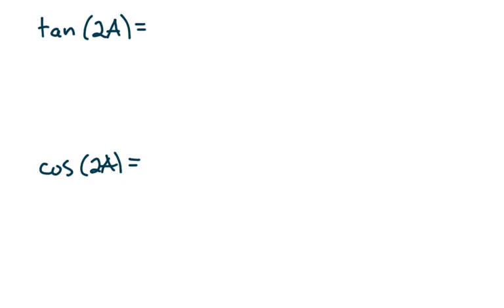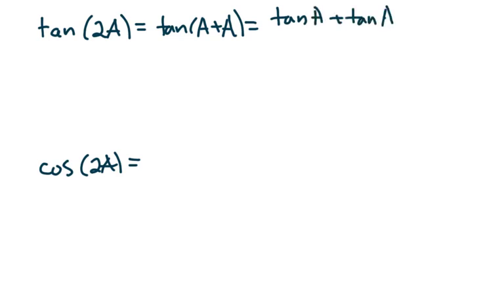Here we go. Tangent 2A means tangent of A plus A. The tangent sum angle formula said tangent of A, the first angle, plus tangent of the second angle, also A in this case, over 1 minus tangent A, the first angle, times tangent of the second angle, also A. But these are like terms.